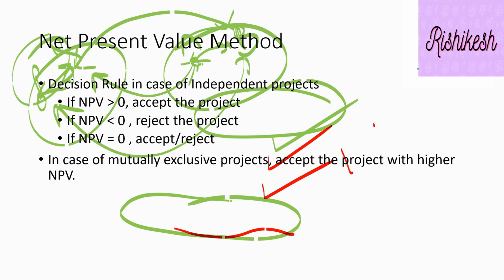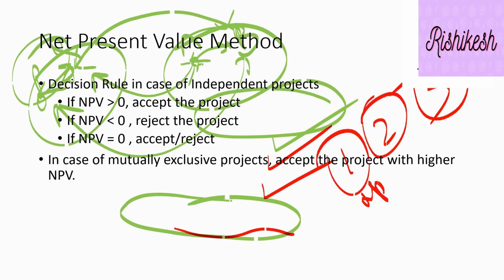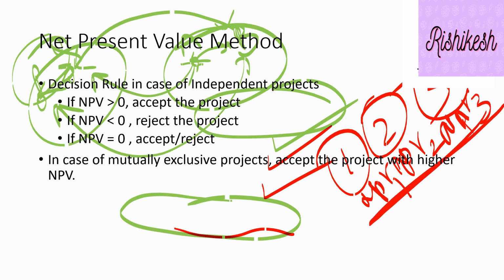So if you have projects 1, 2, 3, out of which you have to do only one, you calculate NPV1, NPV2, NPV3, and whichever comes out to be higher, you accept that project. You can go ahead with that particular project.